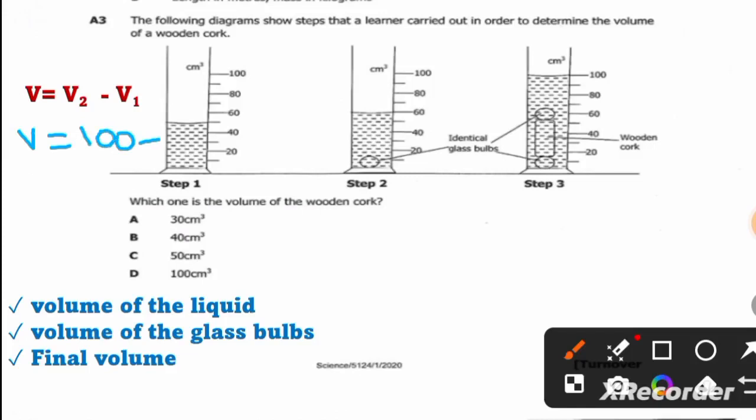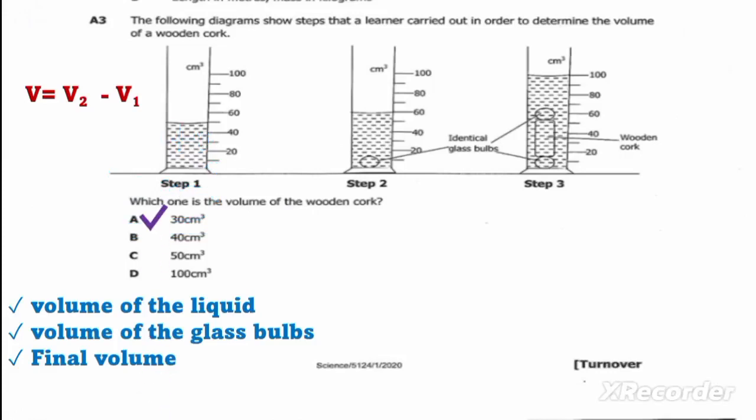Where there is volume 1, we are going to write 70 cubic centimeters. Then 100 minus 70 cubic centimeters gives us 30 cubic centimeters. So 30 cubic centimeters is our answer on this question. Therefore our correct answer is A, which is showing 30 cubic centimeters.